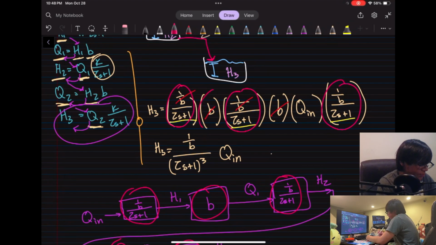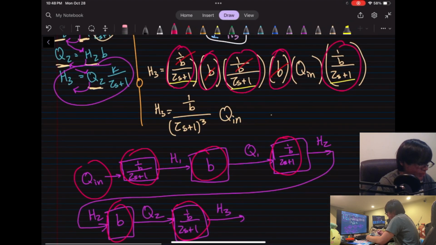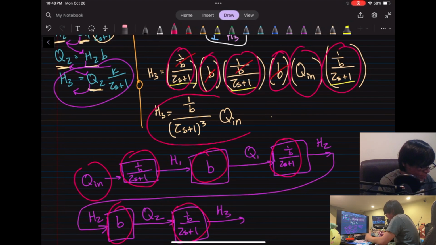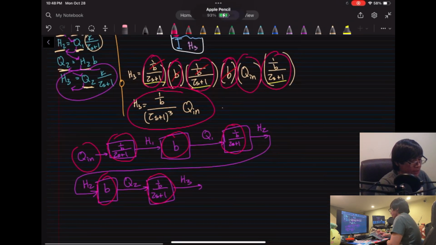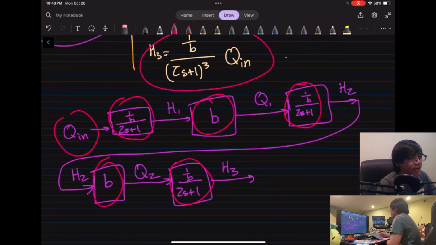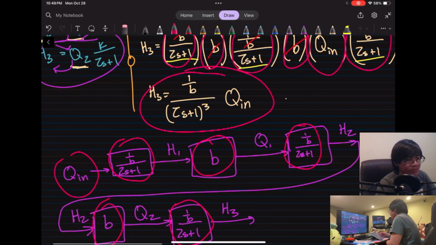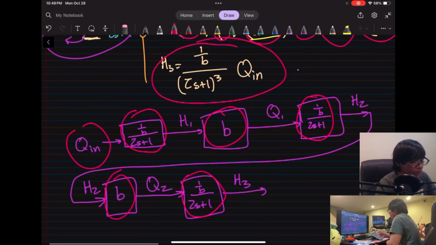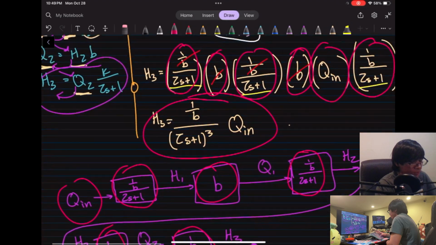That's right here, 2 B's, and then of course we have our Q in. So essentially it boils down to the same exact expression that we did already before. This idea of block diagrams helps paint the picture visually, and also shows how we're just doing an algebraic multiplication. We just multiply straight across. For however many inputs and outputs, we just go through each box, and that's what we multiply by.